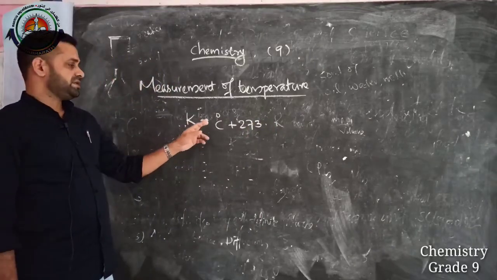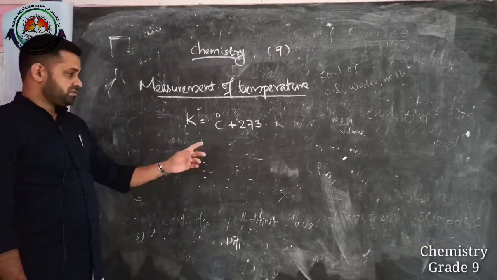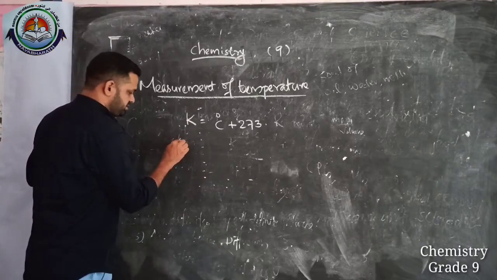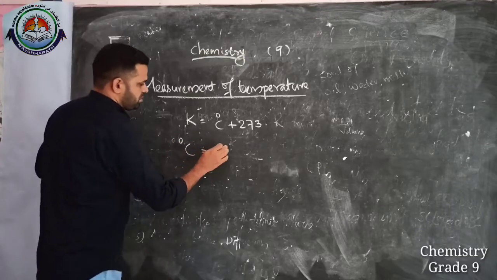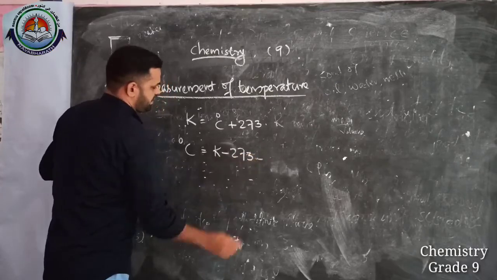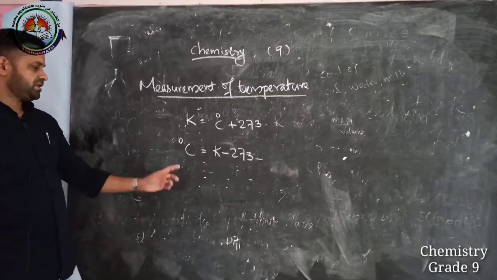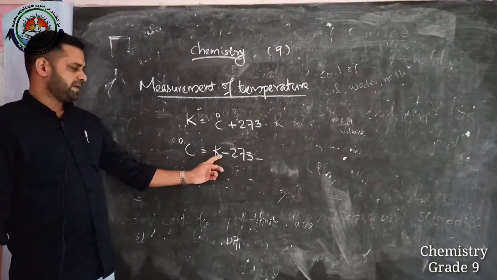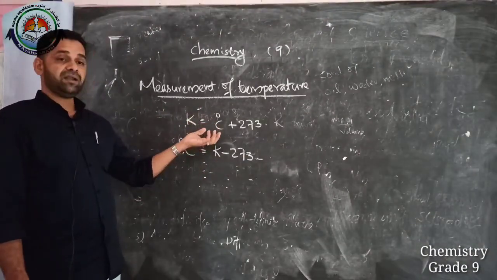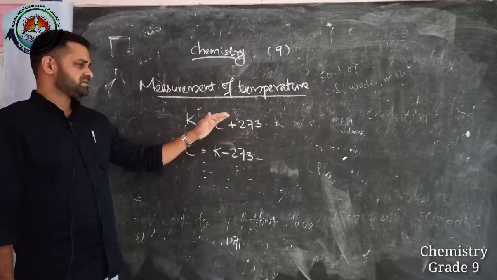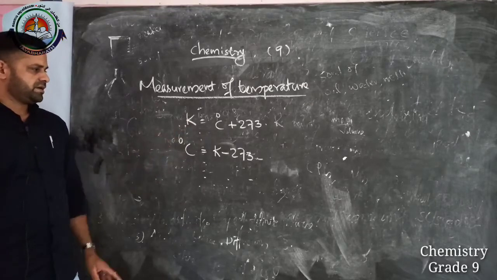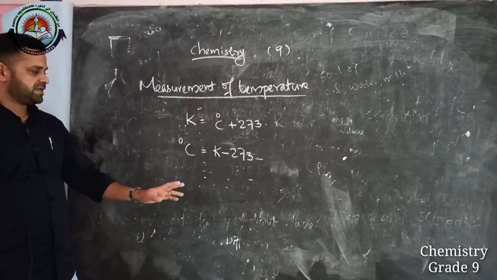From this we can also calculate degree Celsius: degree Celsius is equal to K minus 273. And Kelvin scale is equal to degree Celsius plus 273, so you have to add 273 to degree Celsius to get the Kelvin scale. These two are the important relations between degree Celsius and Kelvin scale.